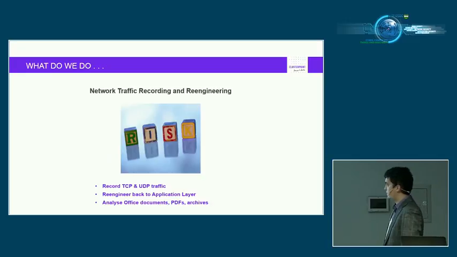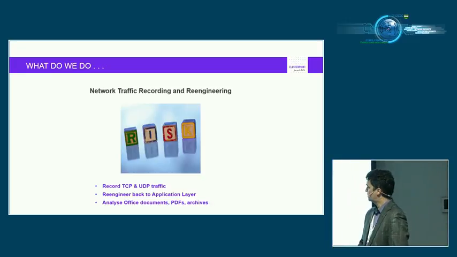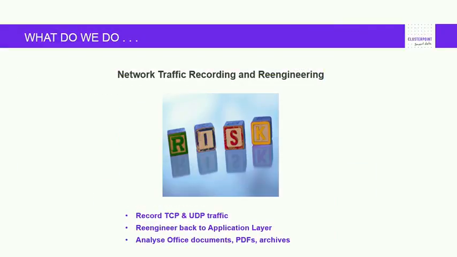So how is it done? Basically, it's an appliance or a cluster of appliances that does a number of things in parallel. For one, it records network traffic, the same TCP and UDP traffic, and re-engineers it back to application level.